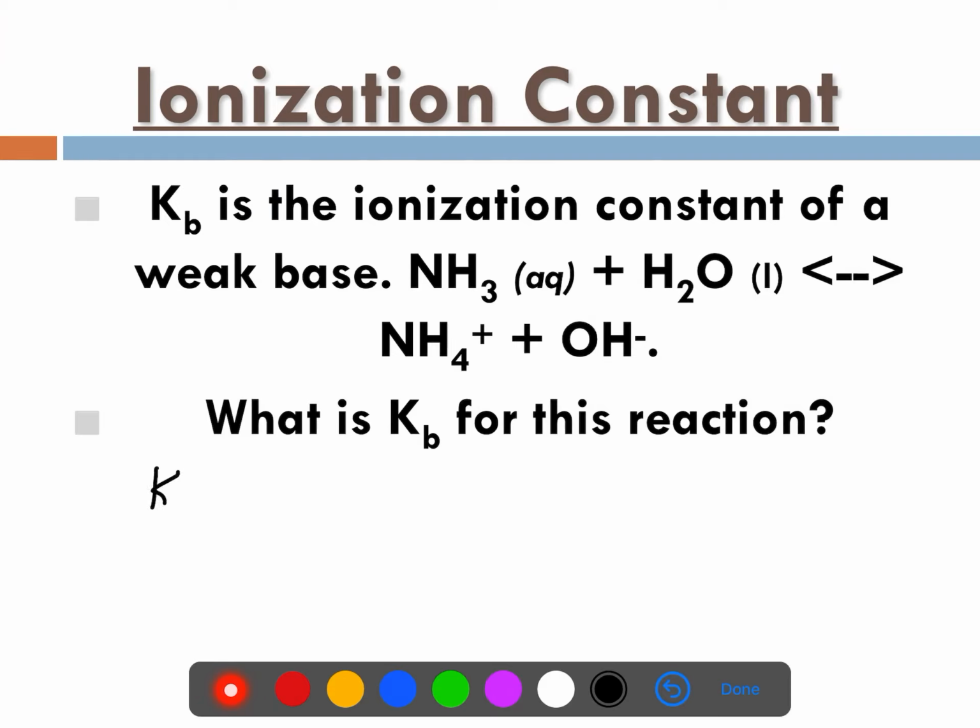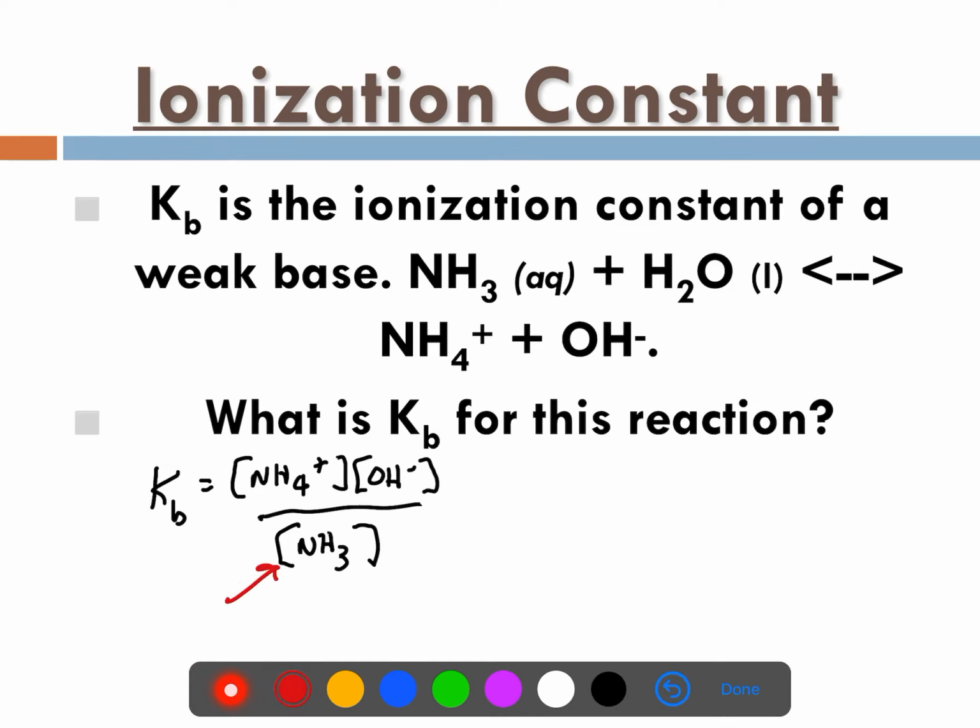Same thing here for Kb. They want to know what the expression is. Okay, easy enough. Products over reactants. NH4+ times OH- over NH3. So again, some terminology. NH3 represents the molecular base. What do molecular bases become?